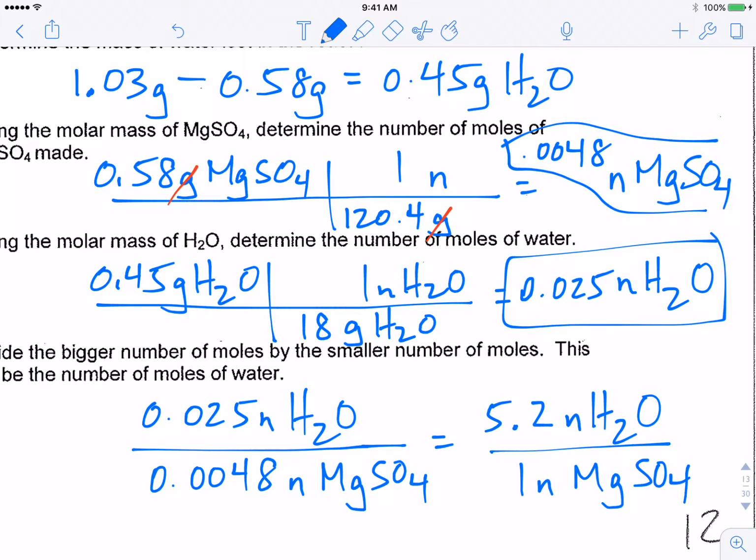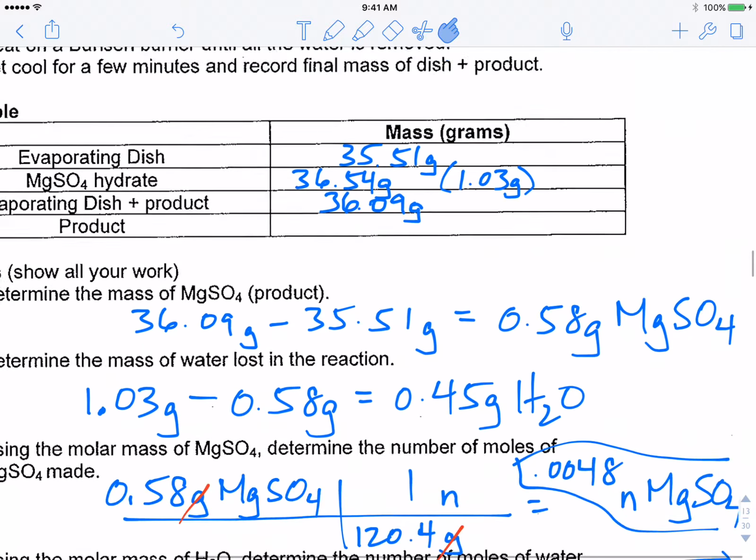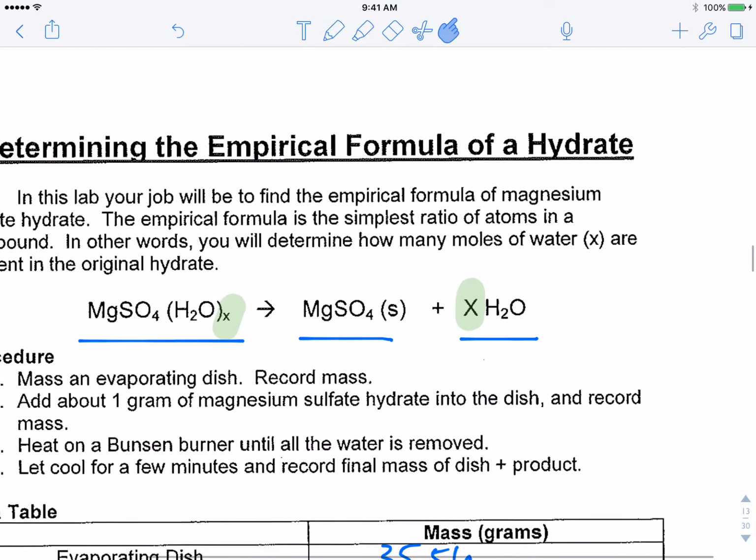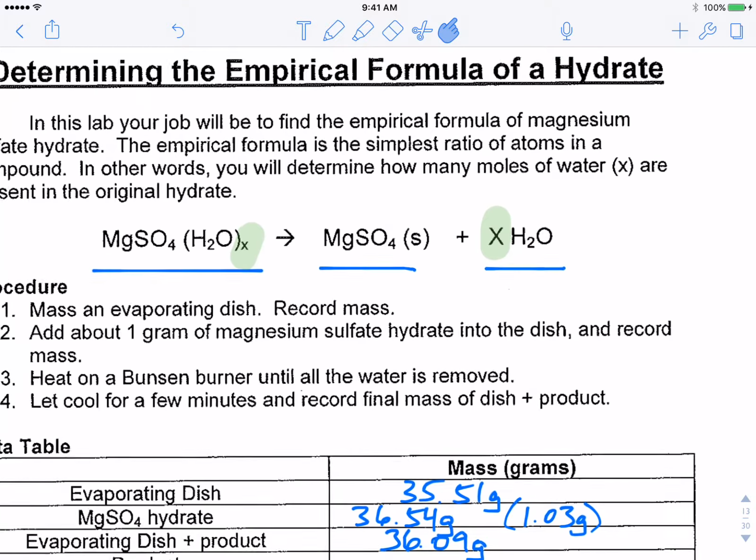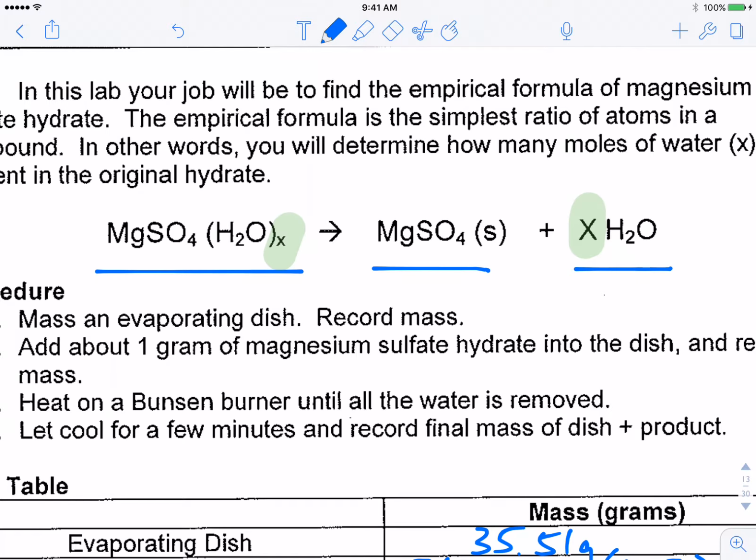So going back to our original problem, up to the top, what we were trying to figure out here is how many moles of water were attached to our MgSO4, and we're also finding how many moles of water were made.